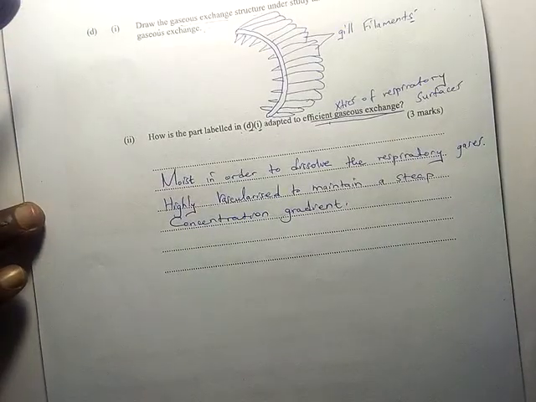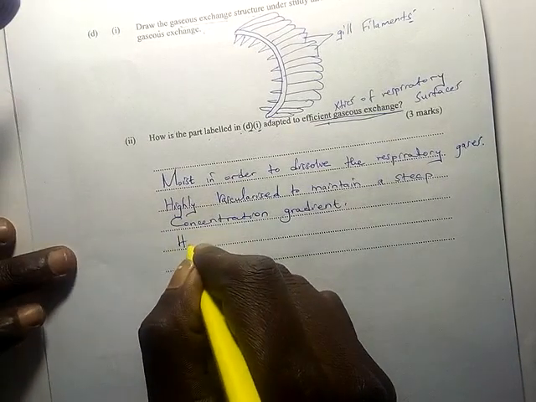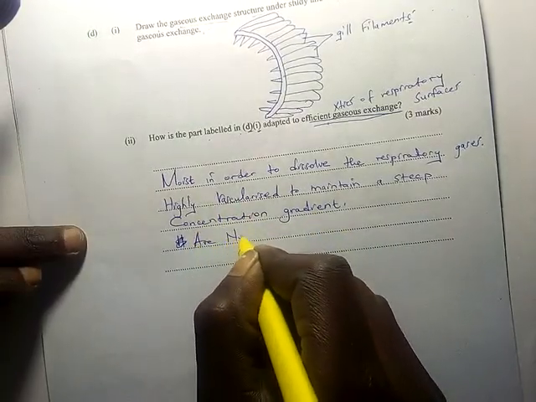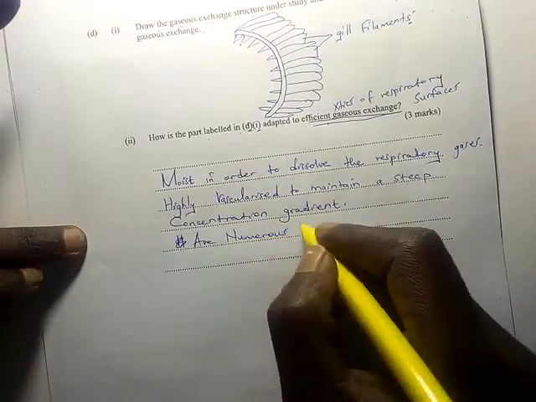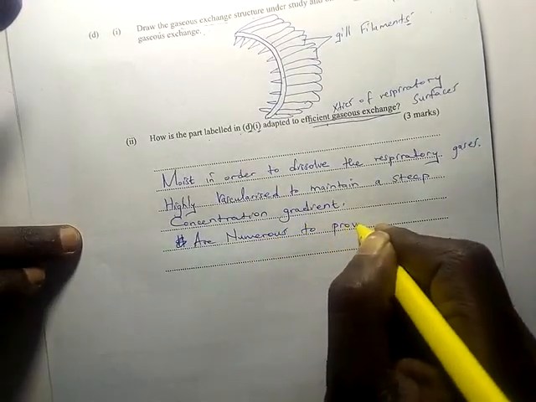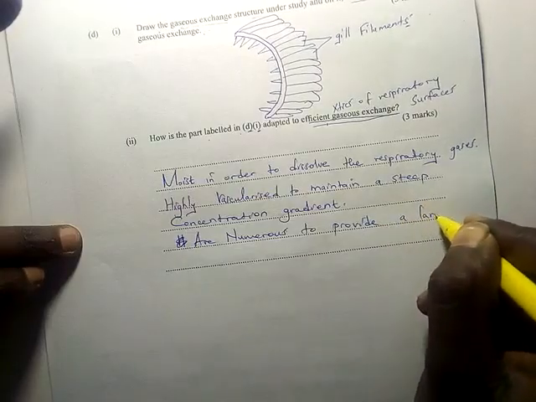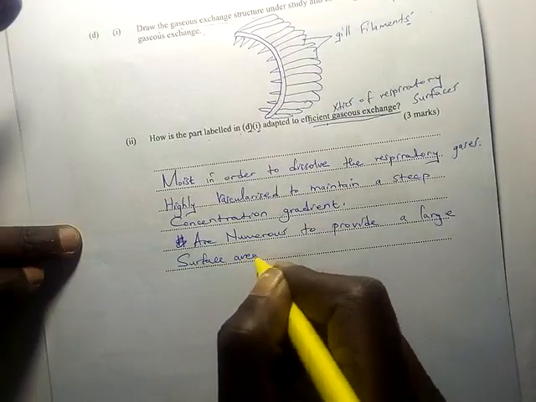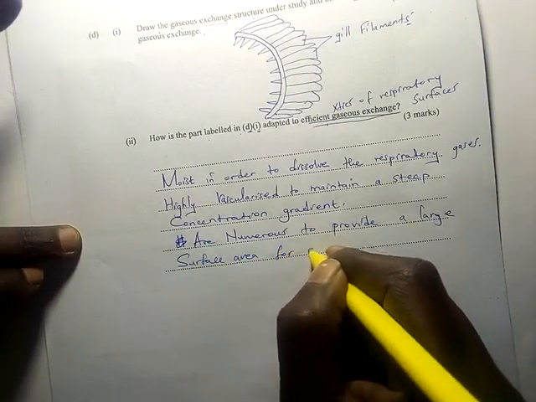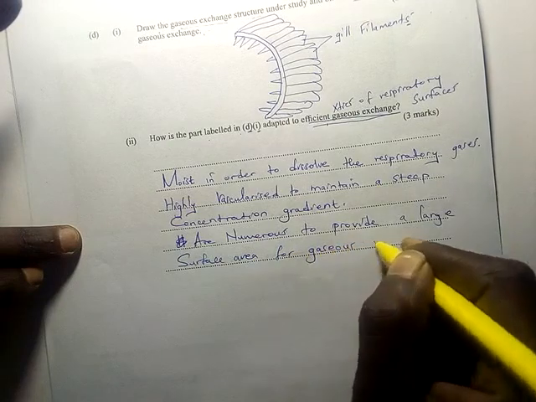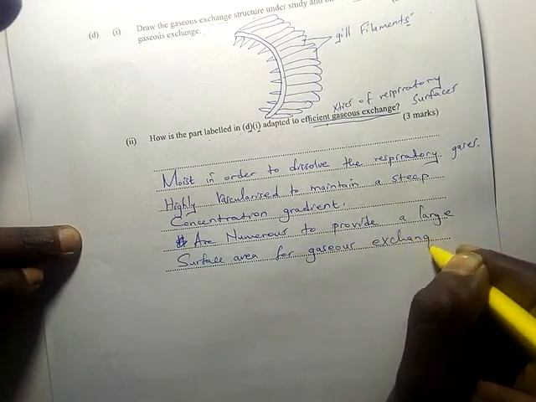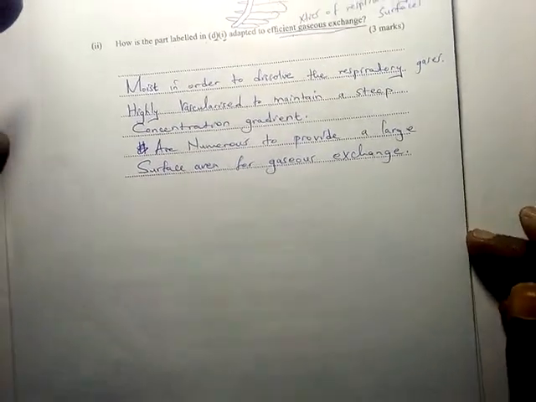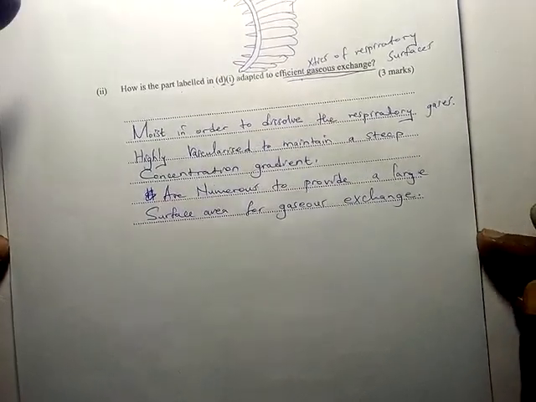And then you can say they are numerous, or they are many, to provide a large surface area for gaseous exchange. That's what you are required in 2016 to get all the marks.